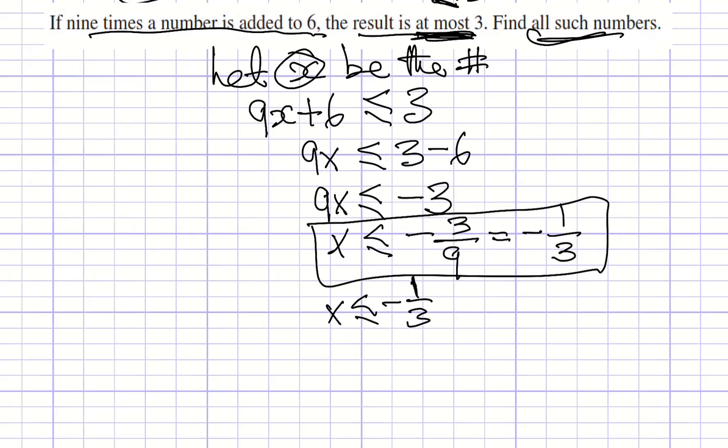So numbers less than or equal to negative 1 over 3 will satisfy it. That's all that is said. Numbers, because we said let x be such a number. Numbers less than or equal to negative 1 over 3 will satisfy whatever is given in the problem. So we'll leave it like that. So let's go to the next one.